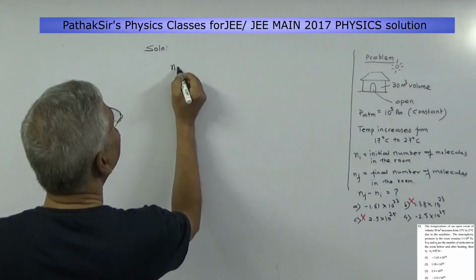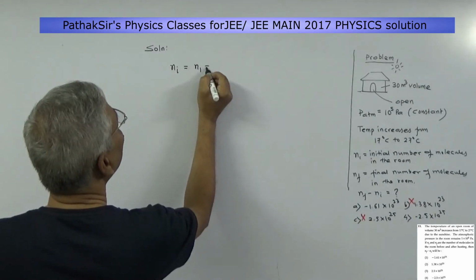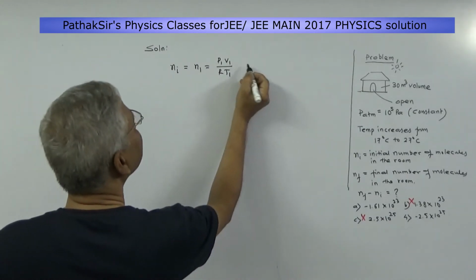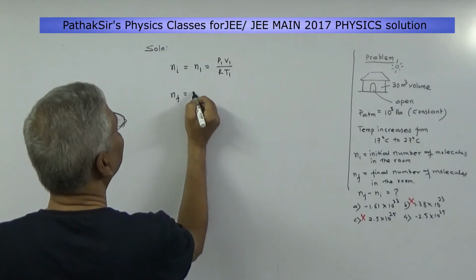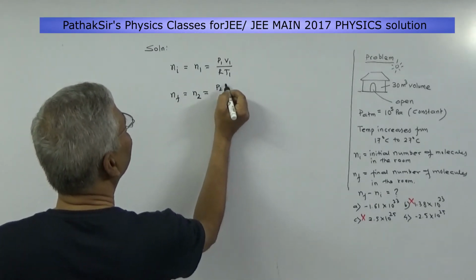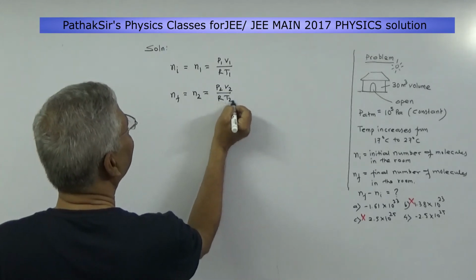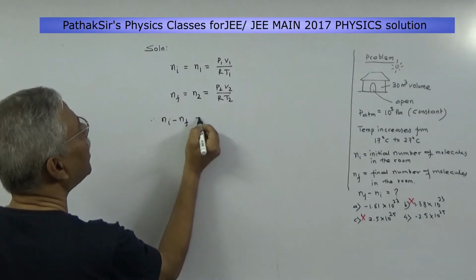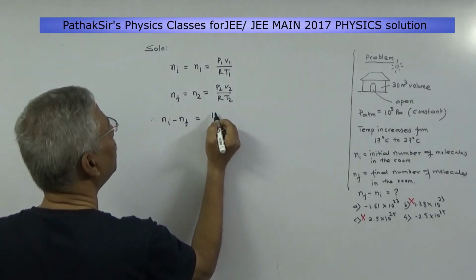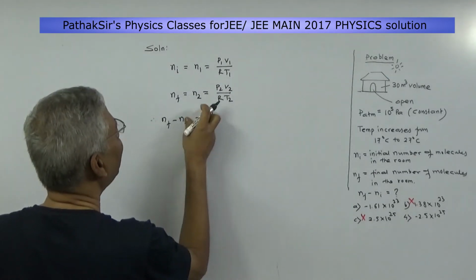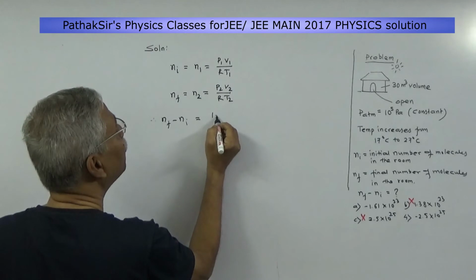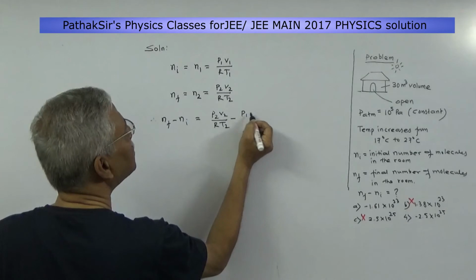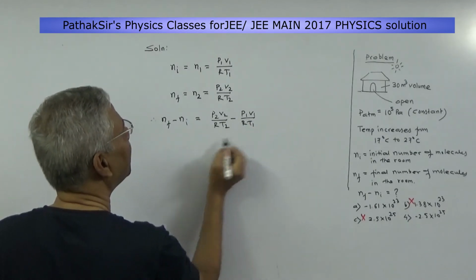Now find Ni equals P1 V1 by R T1, and Nf equals P2 V2 by R T2. Ni minus Nf, that is Nf minus Ni, equals P2 V2 by R T2 minus P1 V1 by R T1.